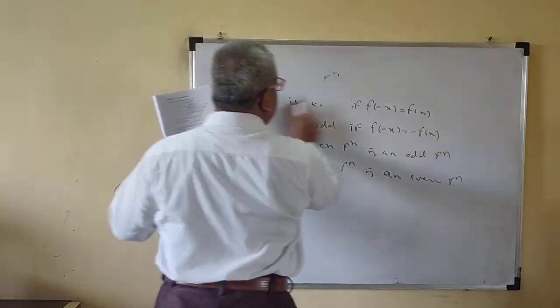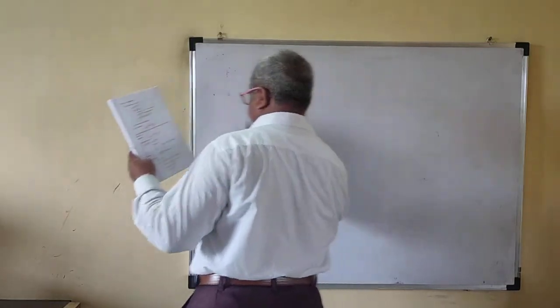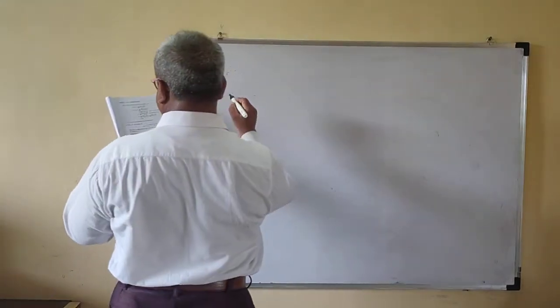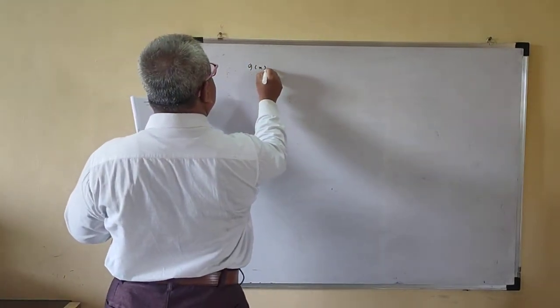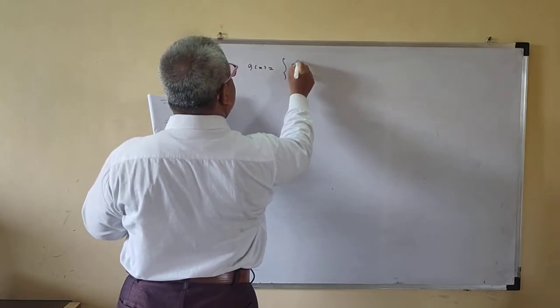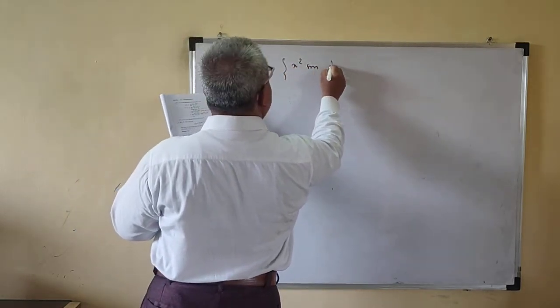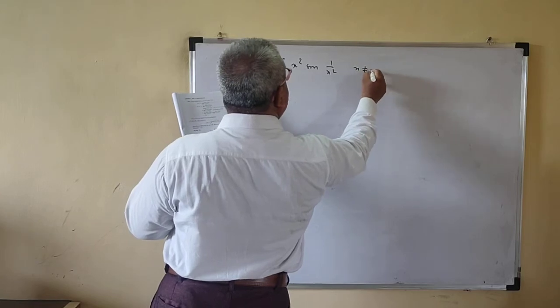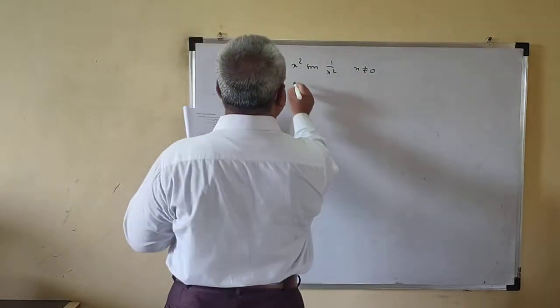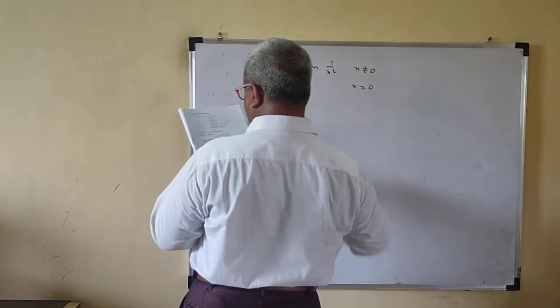Suppose we have this function g of x is equal to x square sine of 1 by x square for x not equal to 0, and is equal to 0 for x is equal to 0.